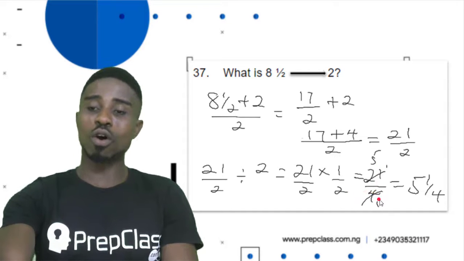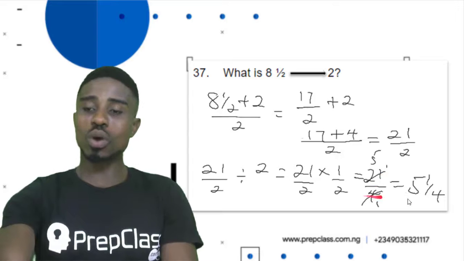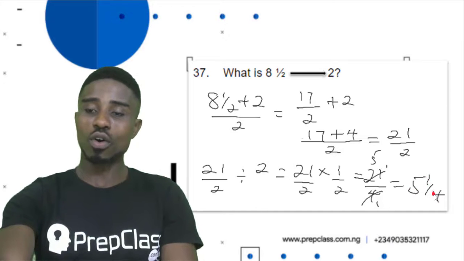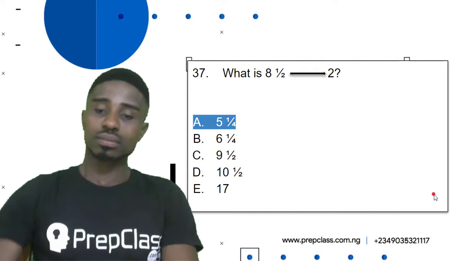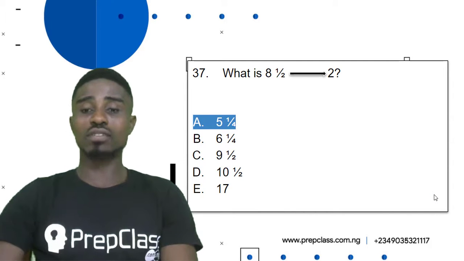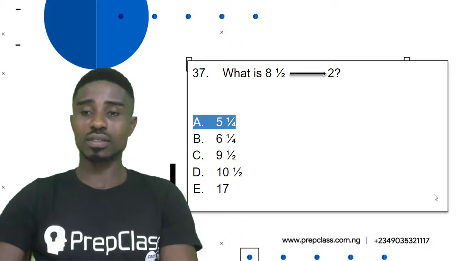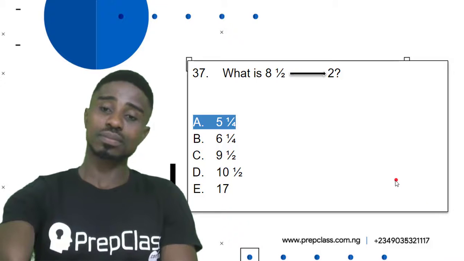So 21 over 4. 4 in 21 will give us 5, remainder 1. So that will be 5 whole number 1 over 4. That will be our correct answer. Let's check it out. Question 37, option A, 5 whole number 1 over 4 is the correct answer. Let's look at the next question.